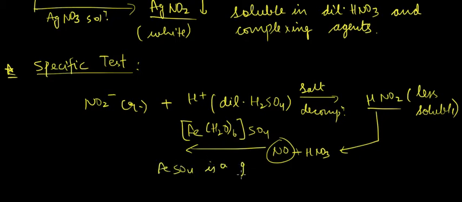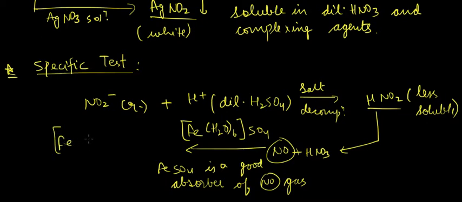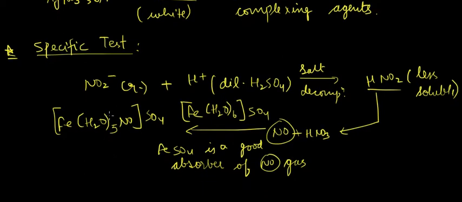So we get [Fe(H2O)5 NO]SO4. So this is the brown ring complex.